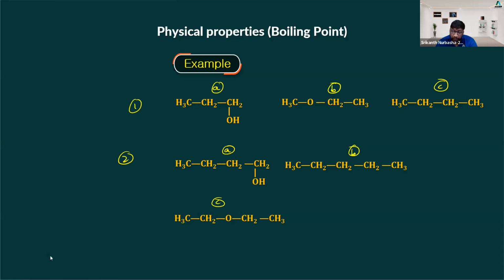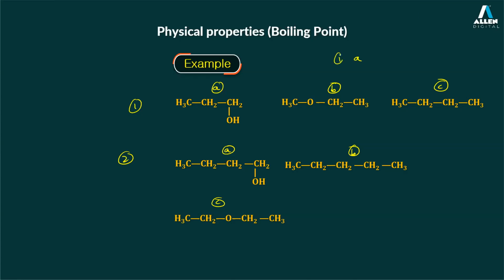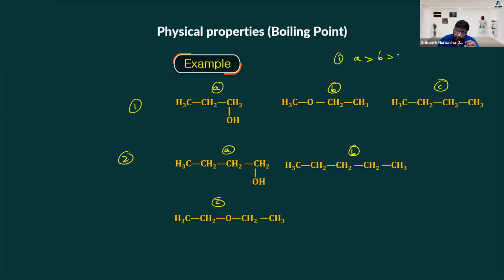Boiling point, arrange A, B, C in the boiling point order. Correct order of boiling point. First, A is alcohol. First one will be A, then B, and then C, because molecular mass is almost the same.